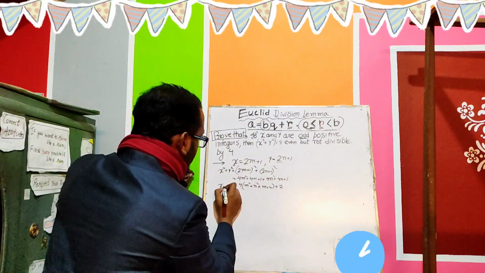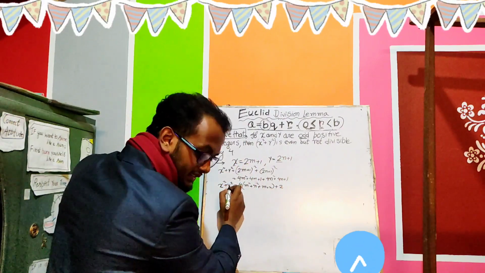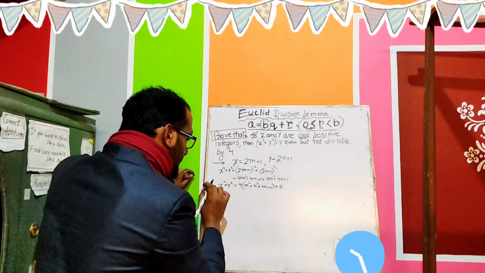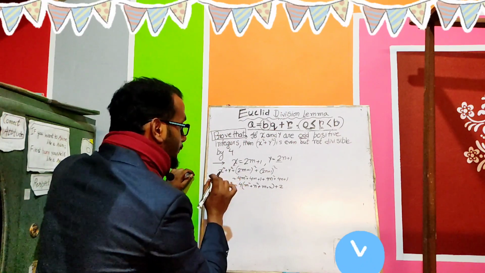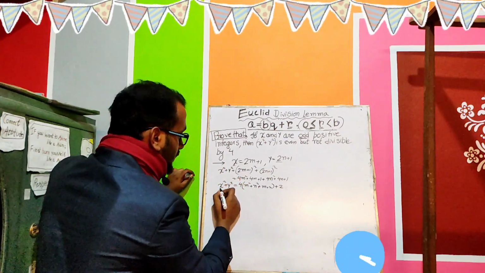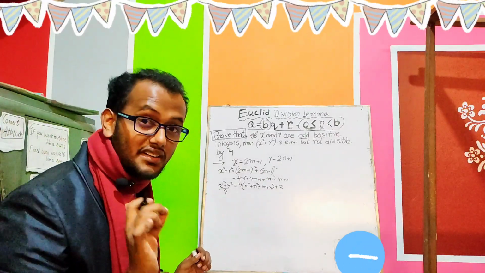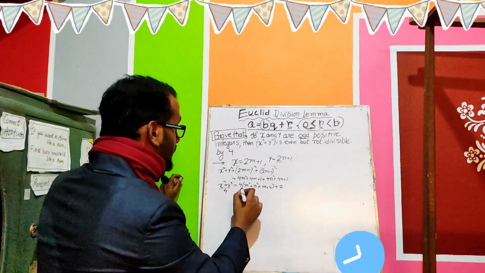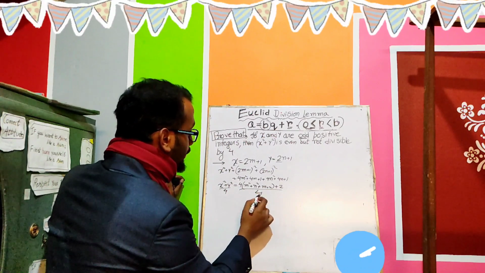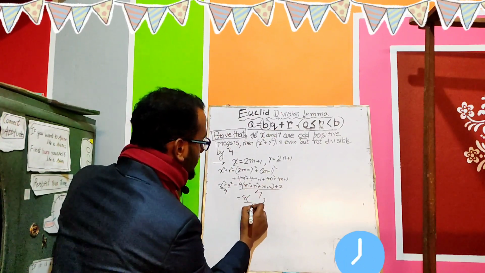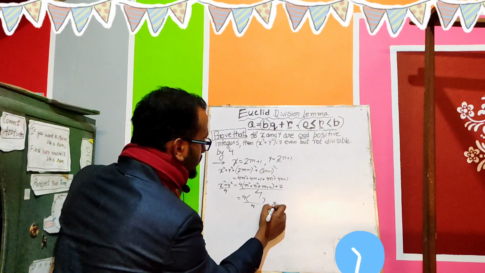So x² plus y² is this. Since they said not divisible by 4, let's divide x² plus y² by 4. Don't do this one, I'm just showing this for your understanding. Divide by 4. So 4 into this whole bracket, divided by 4, plus 2 divided by 4.